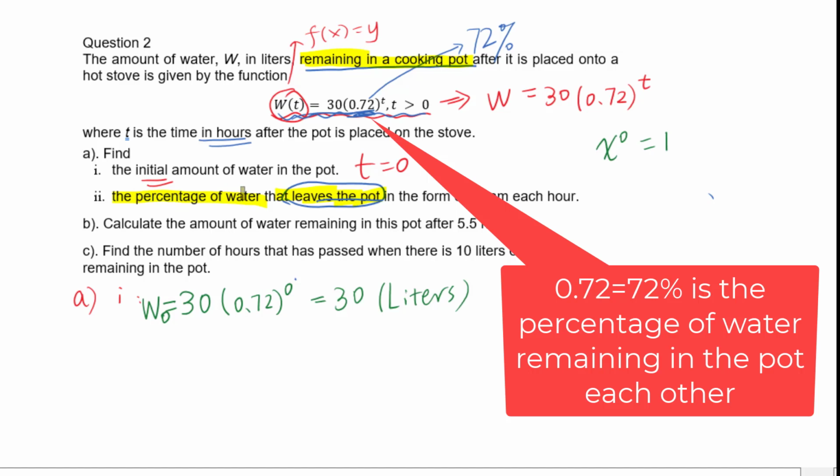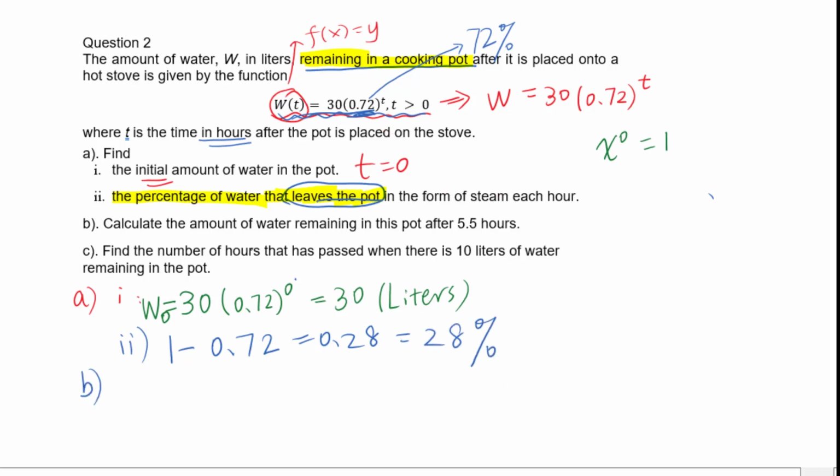So the percentage of water that leaves the pot will be 1 minus 0.72. That is 0.28 equals 28%.